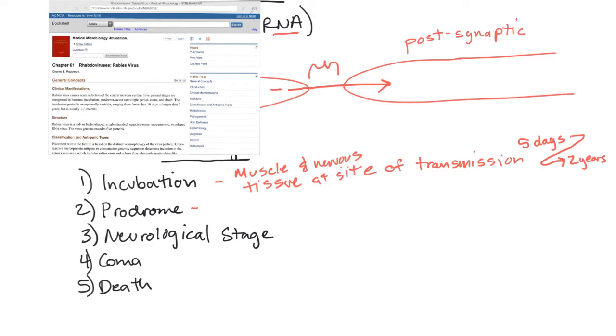If you can get that shot immediately while it's incubating or at the transmission site, then you have a much better chance of it not progressing and your immune system being able to defeat it. Because once it progresses, you're pretty much done for.